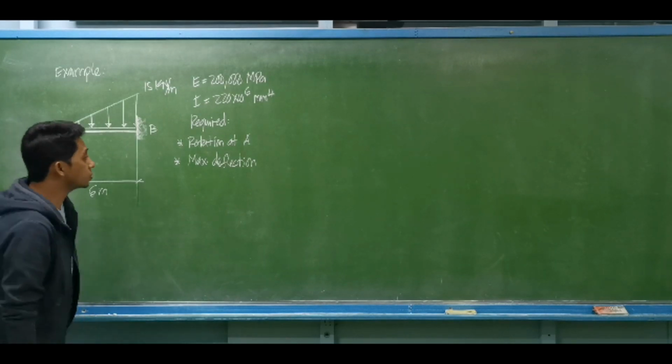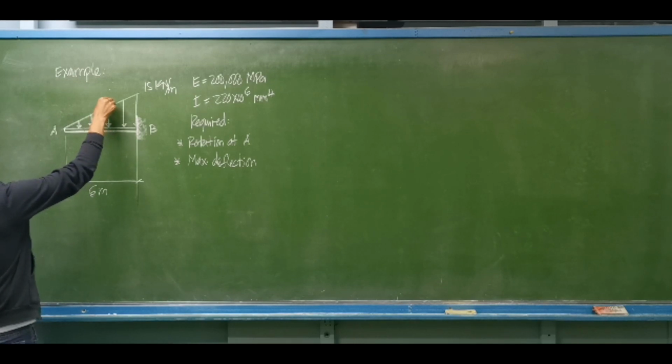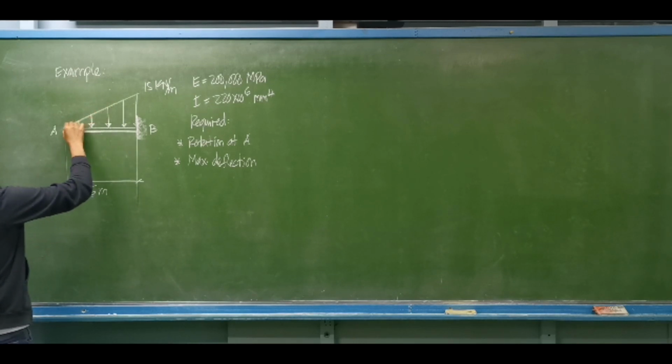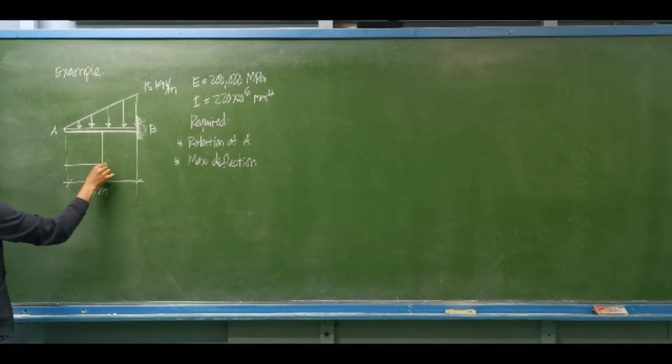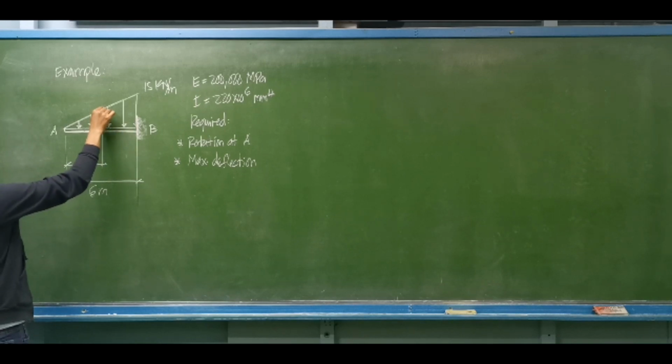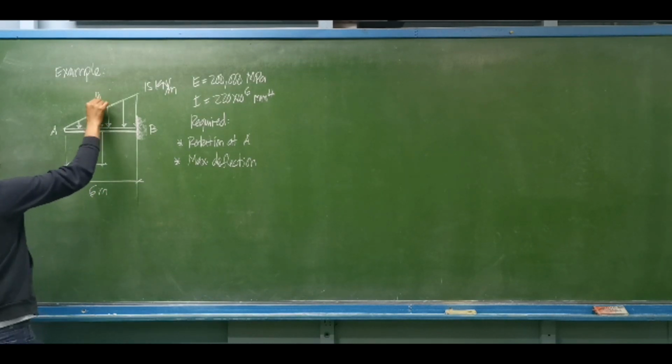Again, first we set our cutting section. We cut this beam at a distance x from the free end, which is A. We don't know the magnitude of the varying load at this point that corresponds with the horizontal distance x. Let's say this is y.